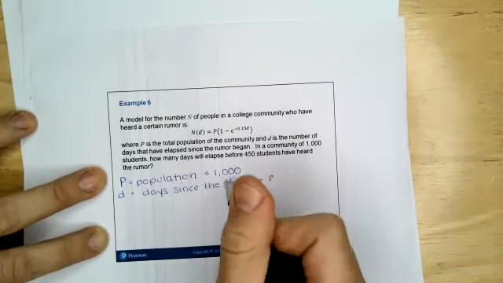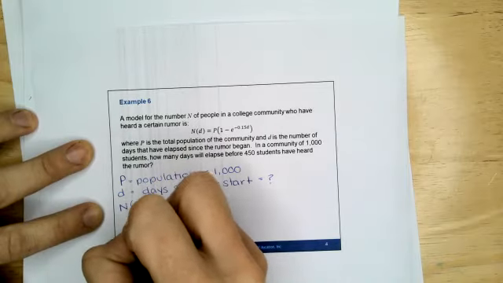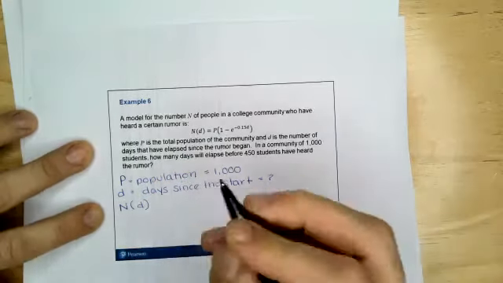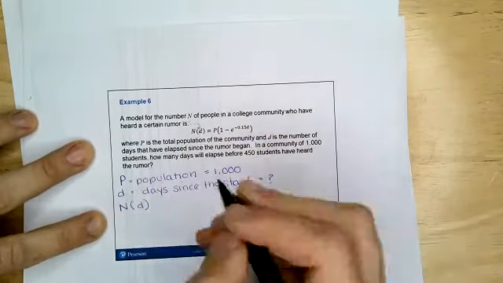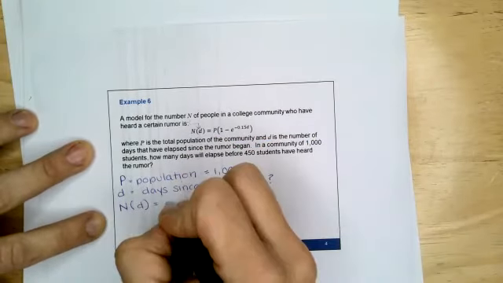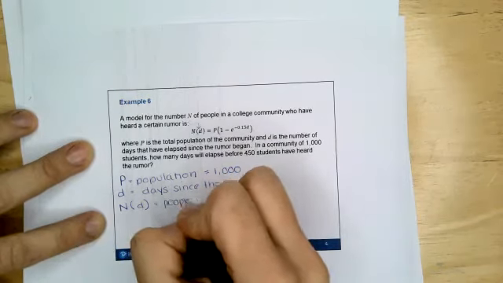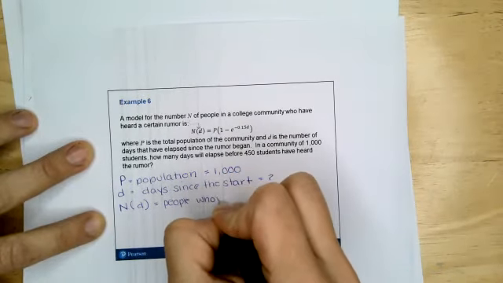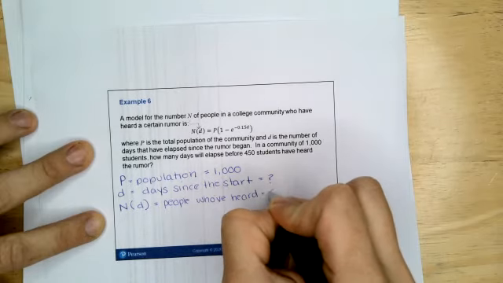So our total population is 1,000, and then N of D, that's the number of people, right? People who've heard, and that's 450.